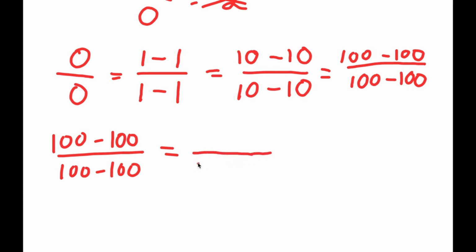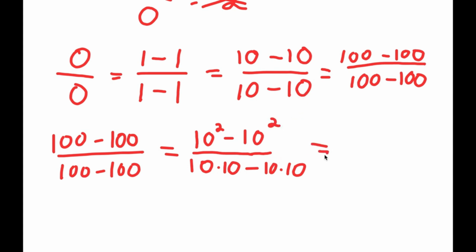So for my denominator, I'm going to write this as 10 times 10, because 100 is 10 times 10, minus 100 again, so 10 times 10 again. And for my numerator, 10 times 10 is the same thing as 10 squared, right? So for my numerator, I'm going to write 10 squared minus 10 squared.